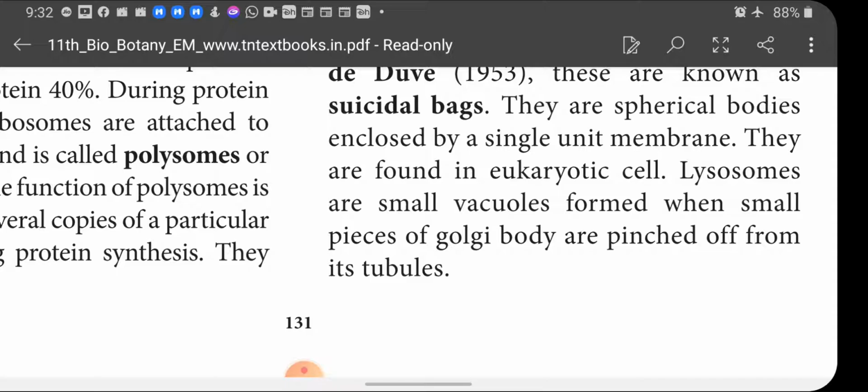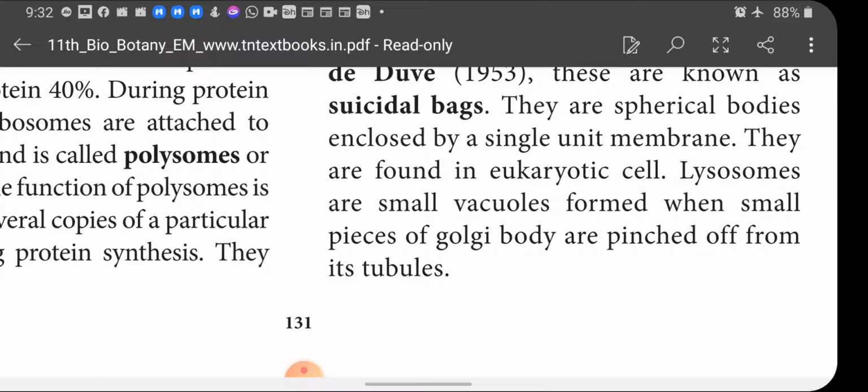Lysosomes are small vacuoles formed when small pieces of Golgi bodies are pinched off from its tubules. Children, Golgi bodies you know very well, along with the endoplasmic reticulum as a cell organelle. At the end of the endoplasmic reticulum, spherical bodies pinch off, and many such spherical bodies together form the Golgi apparatus. So the Golgi apparatus is formed from the endoplasmic reticulum, and from the Golgi apparatus the lysosomes are formed.